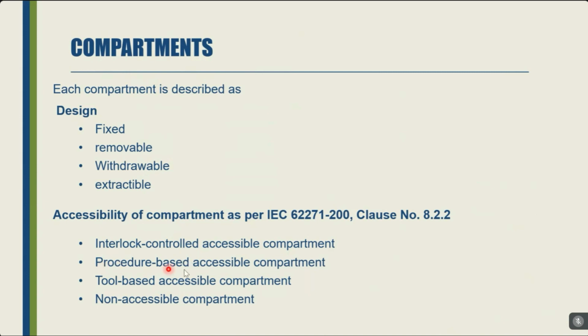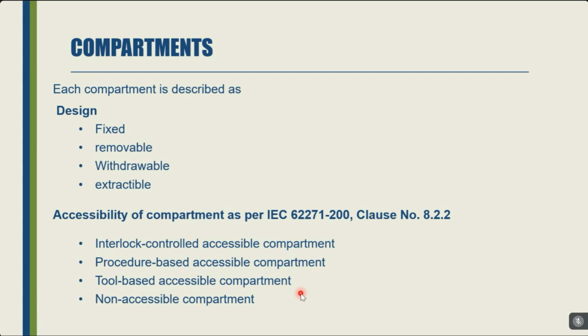Then there is the procedure based accessible compartment. In order to access the circuit breaker compartment, there is some procedure. Let's say first of all, you have to switch off the T&C switch. You have to close the breaker. Then you have to press a push button switch. Then only you can access it. This is called a procedure based accessible compartment system. Then there is a tool based accessible compartment.